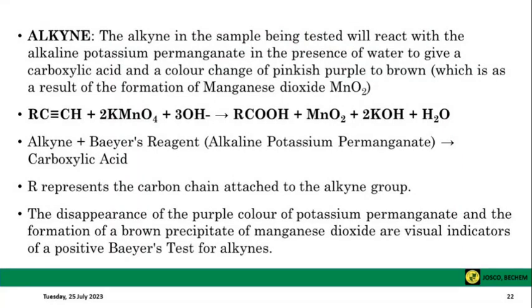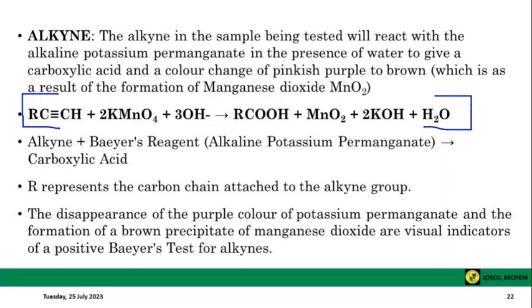This is a general equation representing the experiment to test and identify for alkynes. This is our alkyne, our alkaline potassium permanganate, and our products carboxylic acid and manganese dioxide.